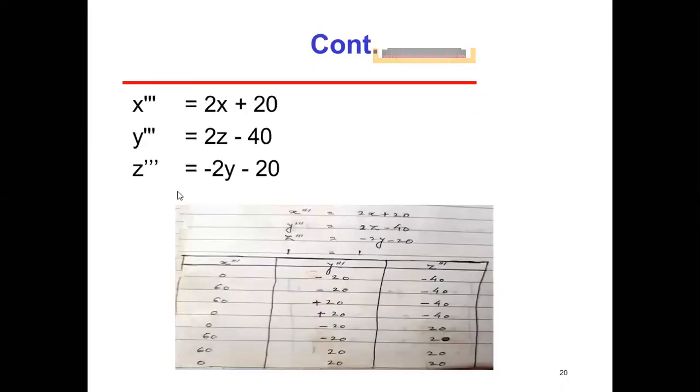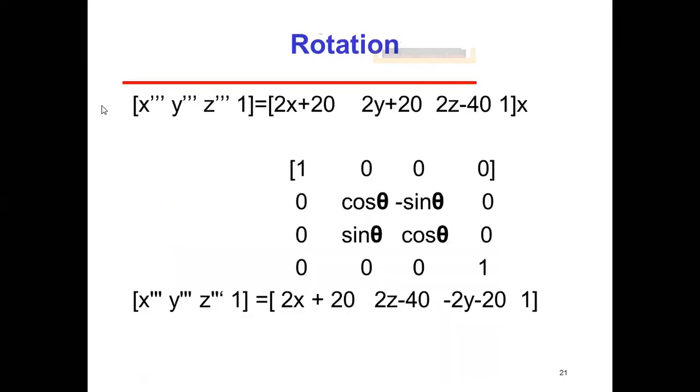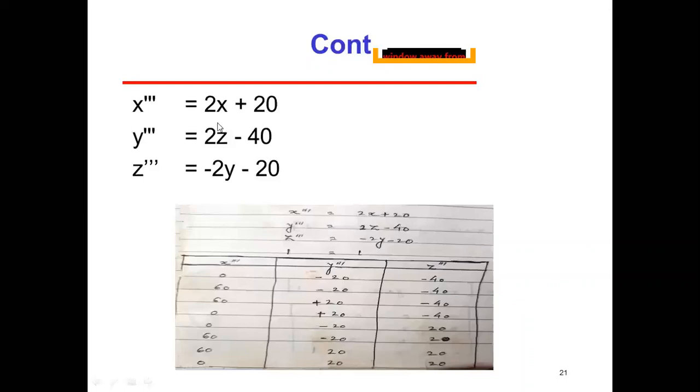Now compare x triple dash, y triple dash, z triple dash: x triple dash is equal to 2x plus 20, y triple dash is 2z minus 40, and z triple dash is minus 2y minus 20. Now you can easily replace the values. This is the identity you will get at the end, and now you can make a table.